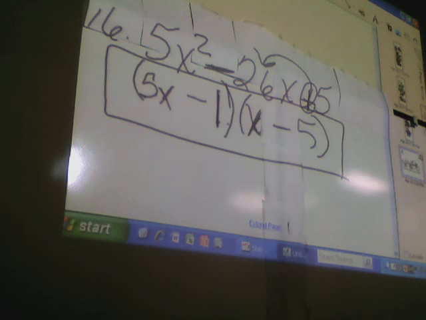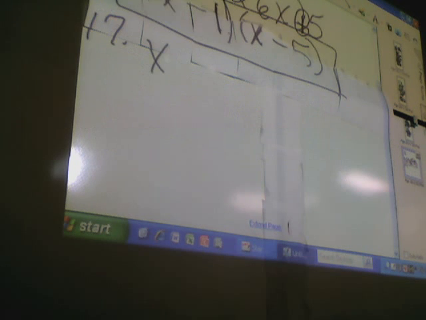Okay. Number 17. X to the 4th plus 2x to the 3rd power minus 3x minus 6. There's 4 terms, so what do you think it's going to take to do the factoring?